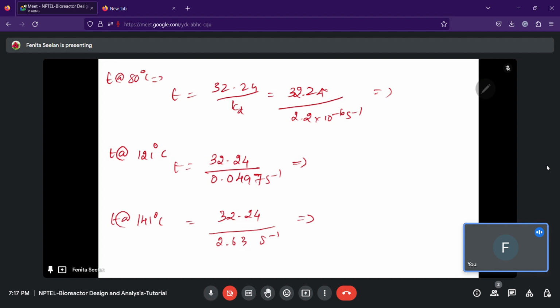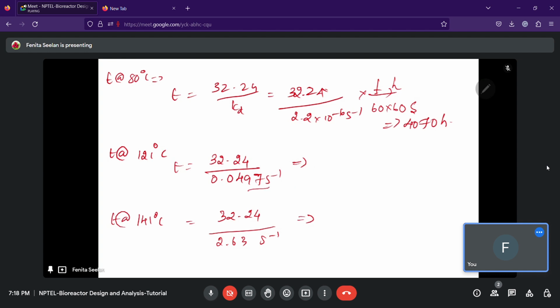So we can keep it in seconds or we can convert it to hours. I'm converting it to hours, so dividing by 3600 seconds. If we do that, this answer is around 4.70 hours. Here, if we do this, how much is it?